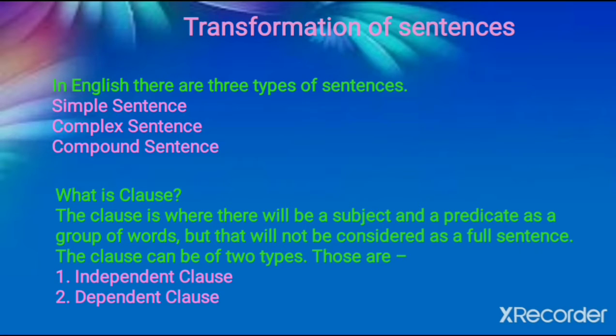So I just wanted to tell you about clause versus phrases. Words and phrases make up clauses. Clauses are units of grammar that contain at least one predicate, that is a verb, and a subject.